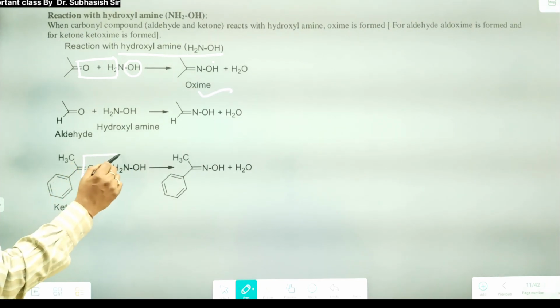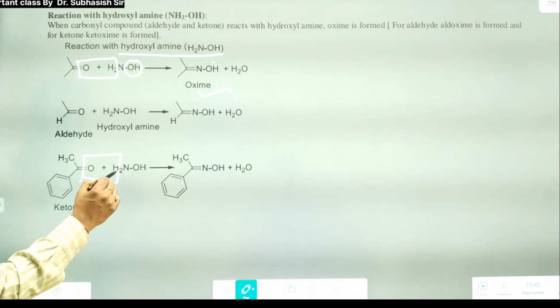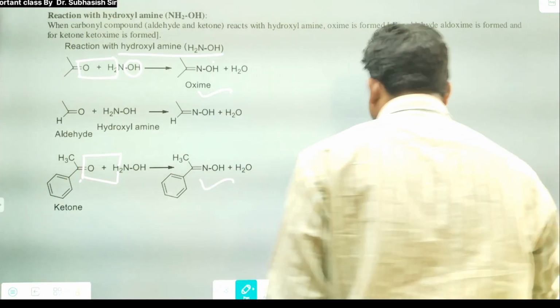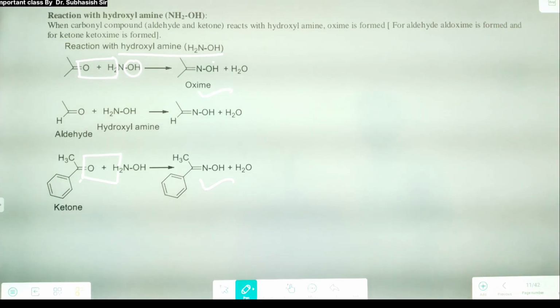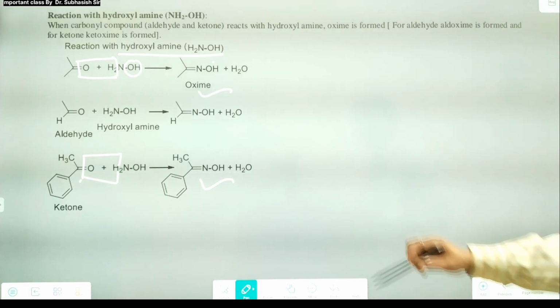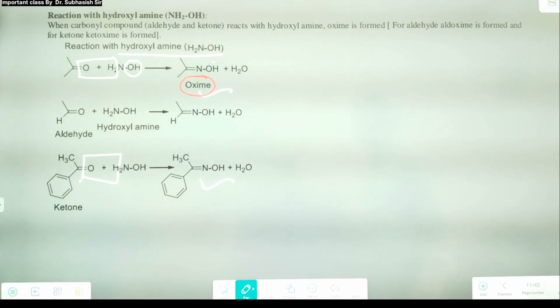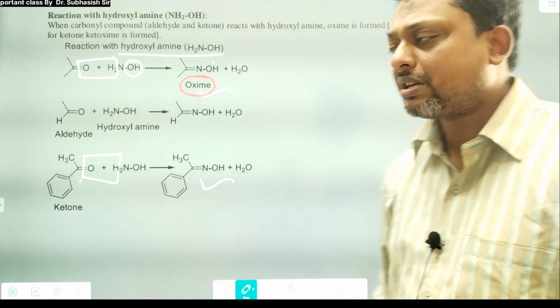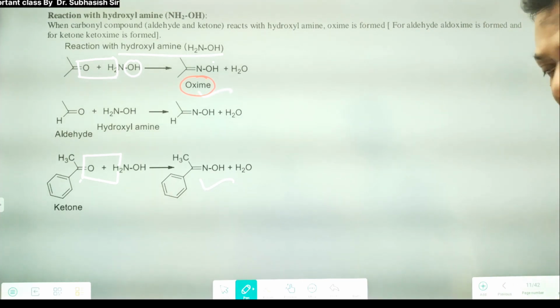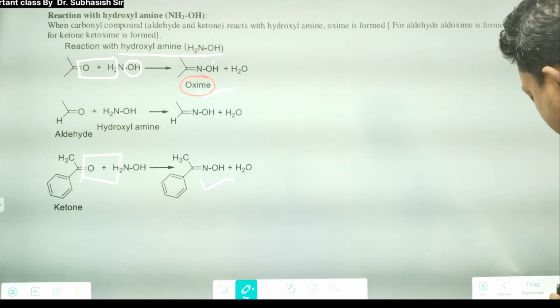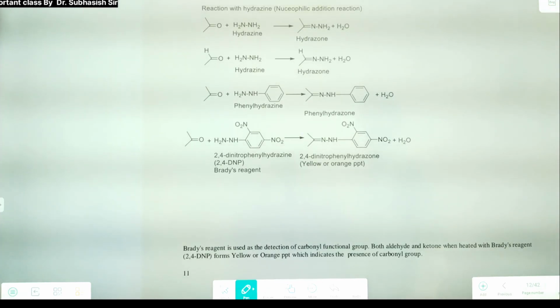Here also you can see that water will go out and you will get this oxime product. So hydroxylamine can react with aldehyde or ketone to form the product which is called oxime. Obviously, for aldehyde the rate of the reaction will be faster as compared with ketone, as we have already discussed that aldehyde is more reactive than ketone.